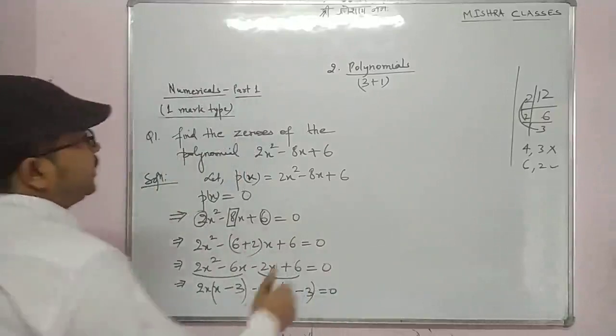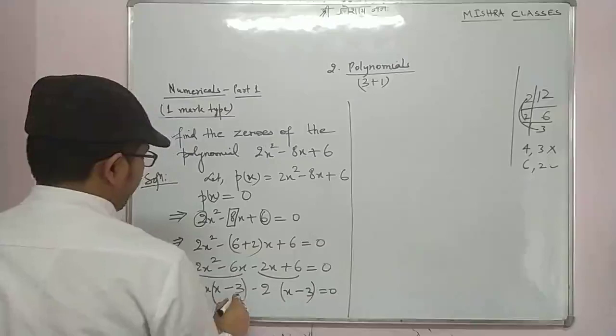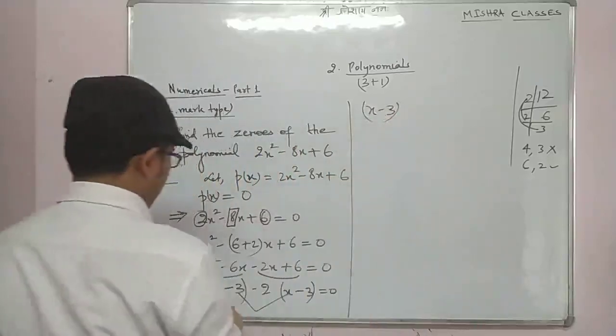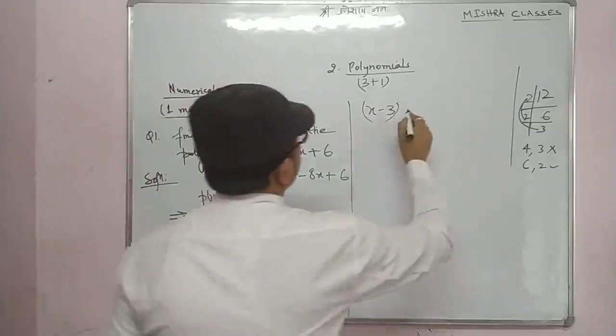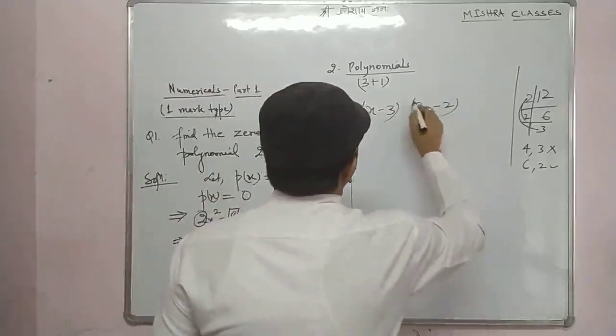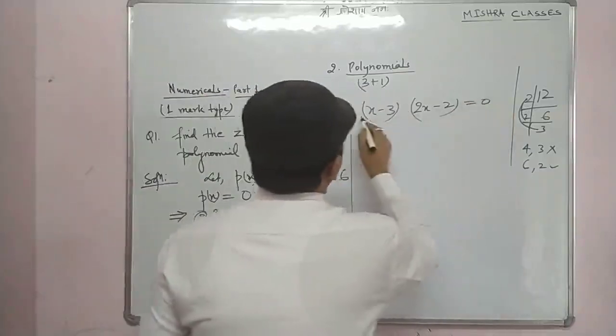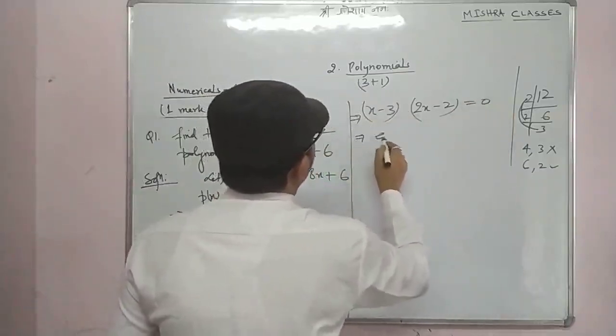So what we are seeing, that we are getting common what? x minus 3. So we can write x minus 3, and then from here we are getting 2x minus 2. Is it clear? Equal to 0.